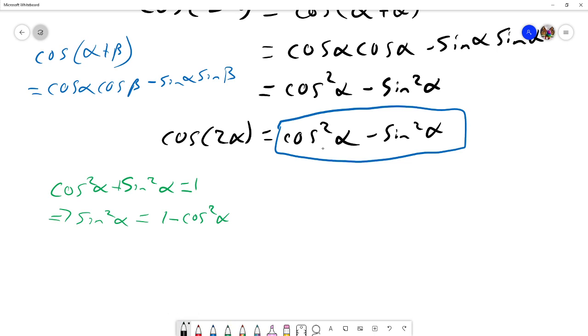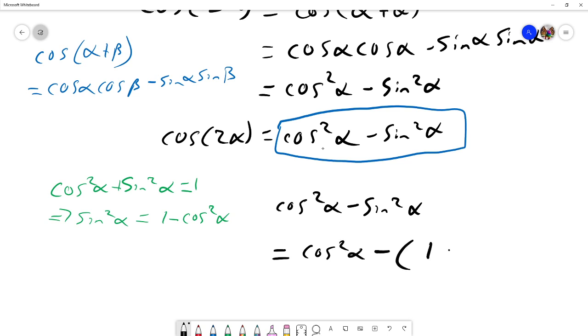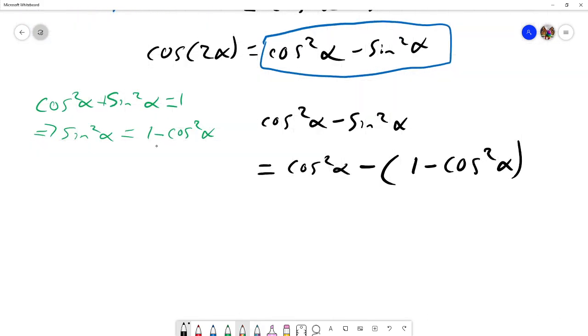So, if we use this fact, we can now rearrange this cosine squared alpha minus sine squared alpha. And if we substitute a 1 minus cosine squared for that sine squared, then we get cosine squared alpha minus the quantity 1 minus cosine squared alpha. So what we're doing now is we're just taking this result and plugging it in over here.